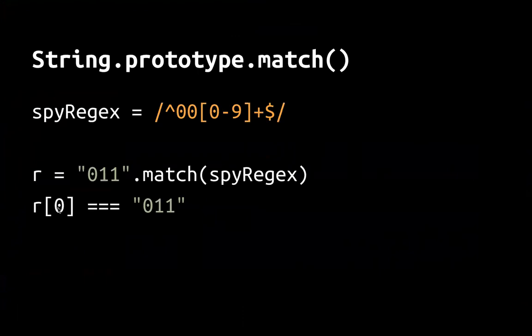If you look at the first index of this array-like thing that you get back, you'll see the part of the string that matched. In this case, the whole string matched, because our regular expression specifies the beginning to the end of the string. So we'll see 007 get back.